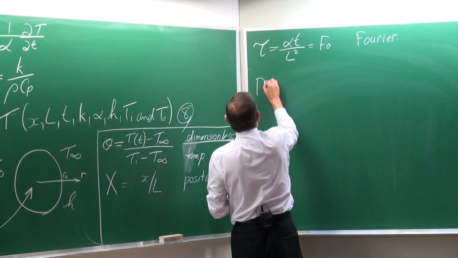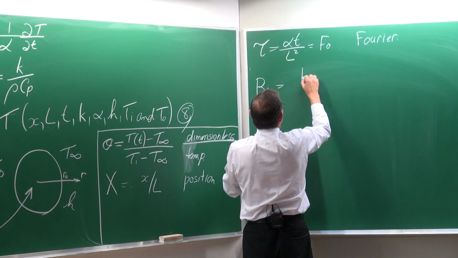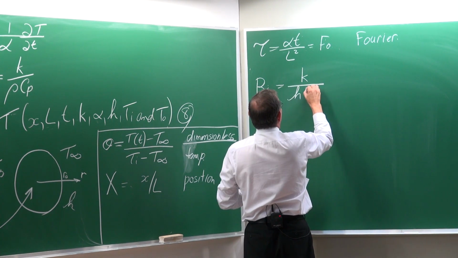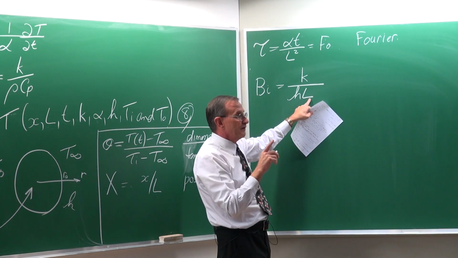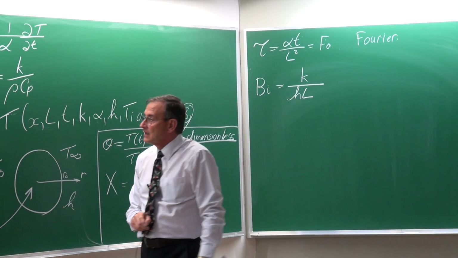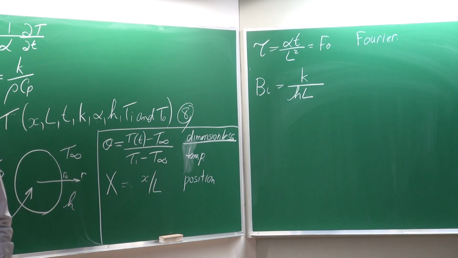And the Biot number, again, is also here. It is equal to K divided by HL. However, the L, I can't say it enough, the L is this L. It is not the one that you're going to calculate using the lump system approach.